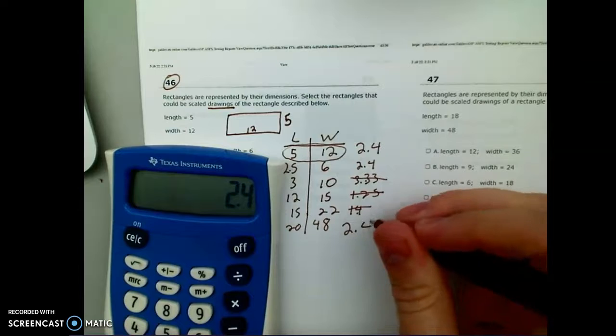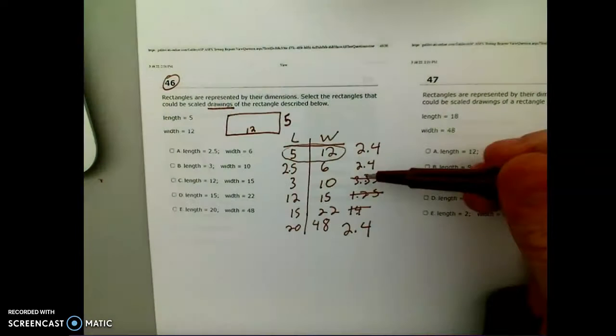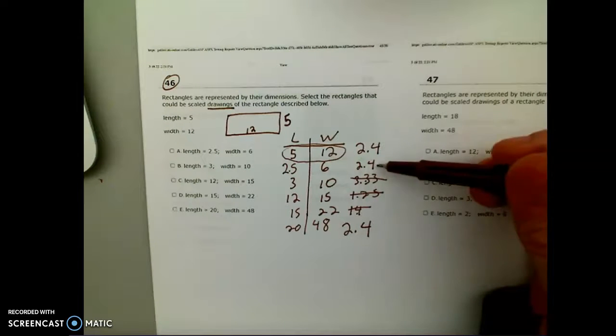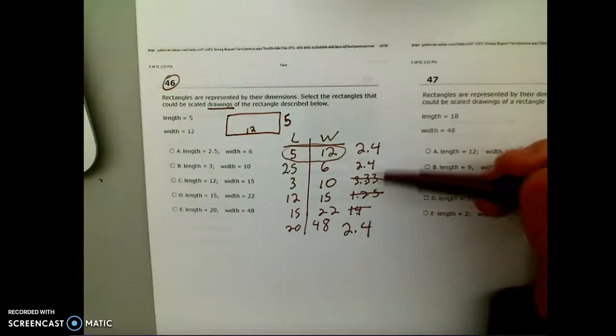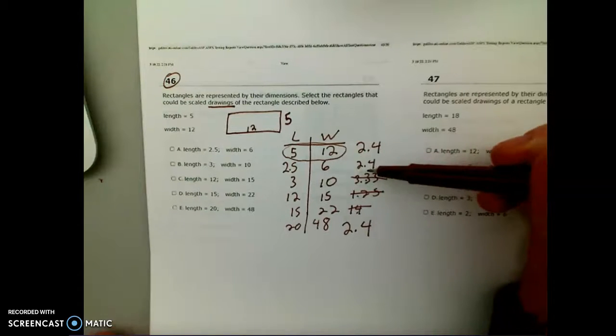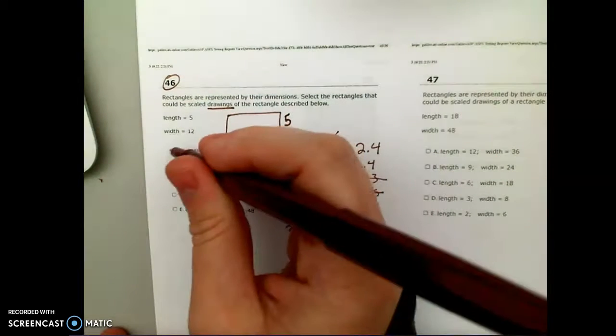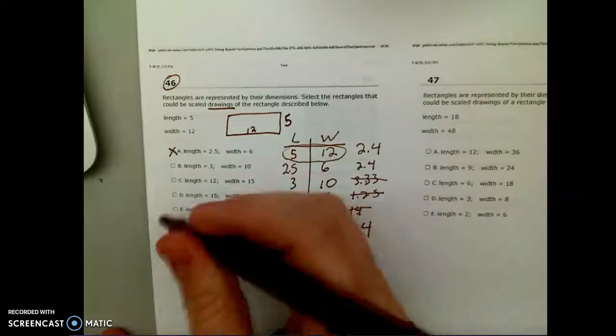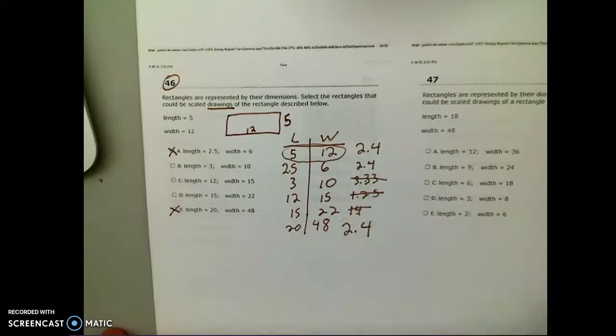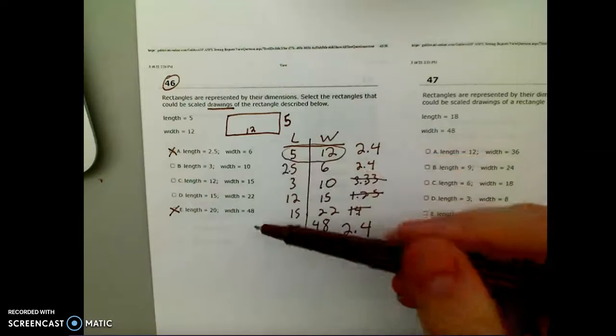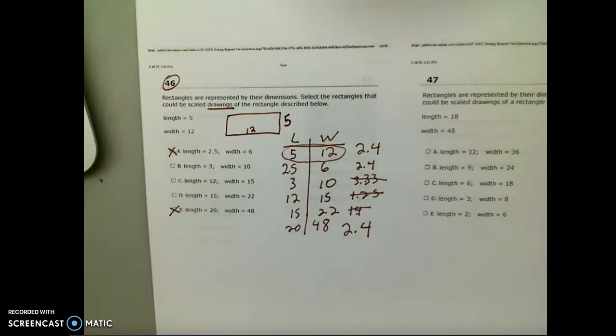Okay, so we found two rectangles that have the same constant as our original. So I'm going to circle A, that's an answer, and E, that's an answer. And voila, I have demonstrated that these two are scaled drawings because they're proportional to the original.